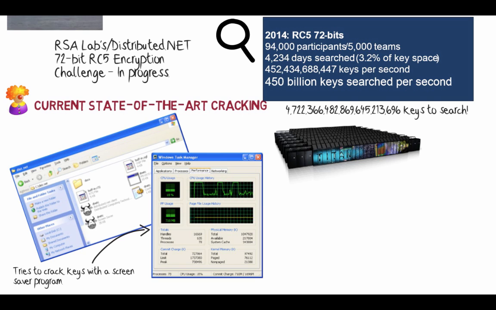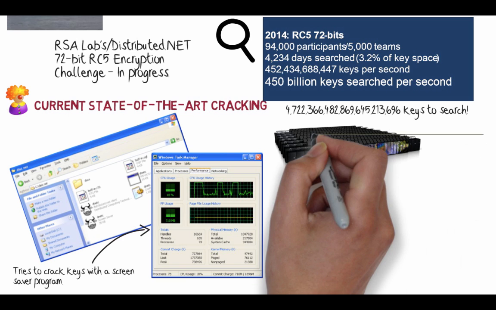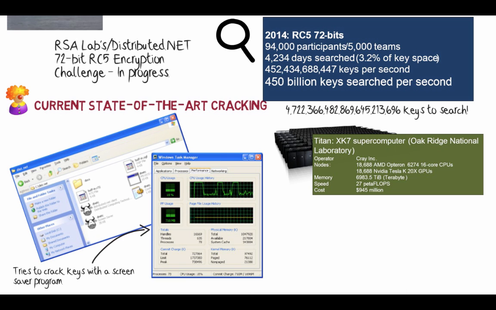Some of the major computers there are supercomputers. One of the most powerful is called Titan, and the specification for Titan is this. It's a Cray XK7 supercomputer at Oak Ridge National Laboratory. It has over 18,000 AMD CPUs, and also 18,000 of these GPU cards in it.